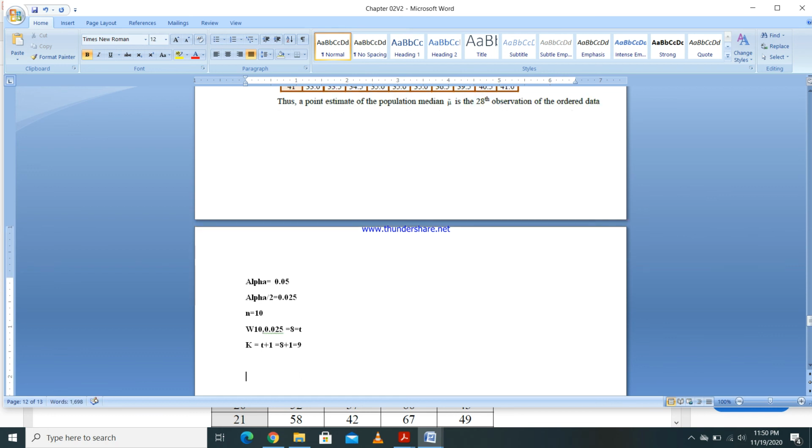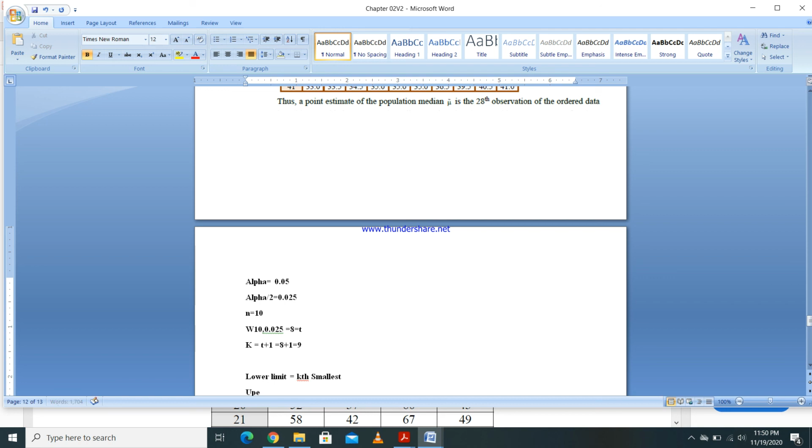So when you calculate the confidence interval, the lower limit is equal to the kth smallest value.